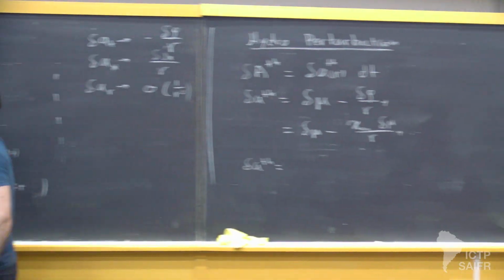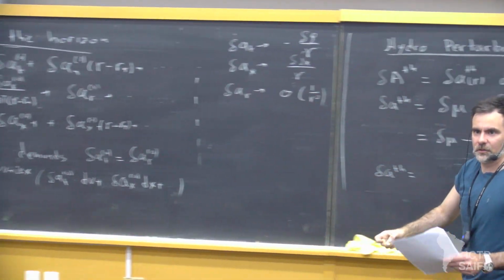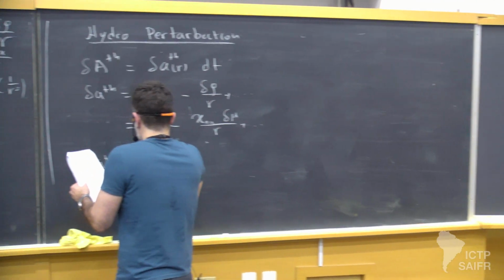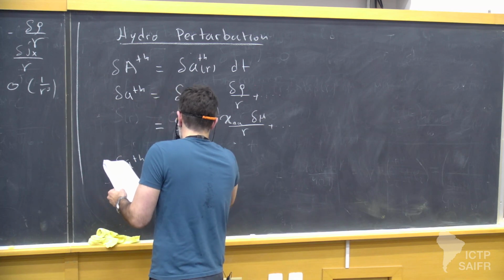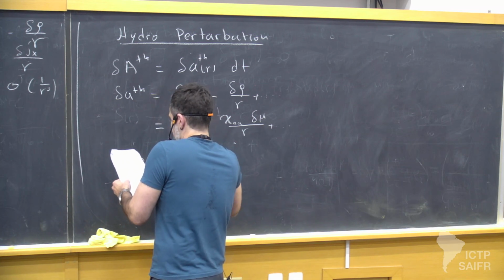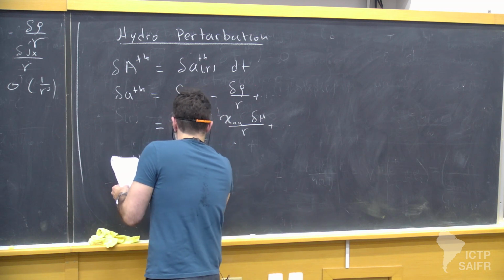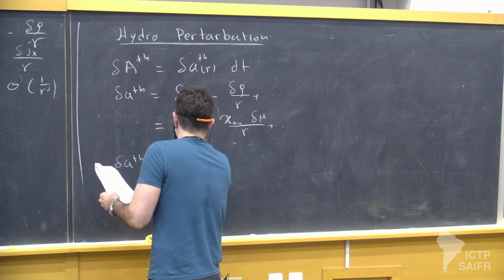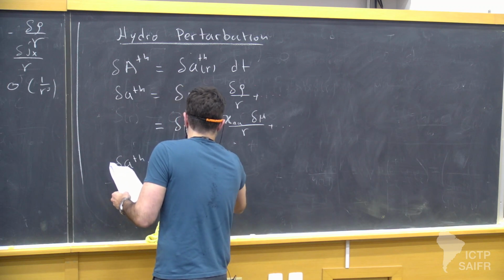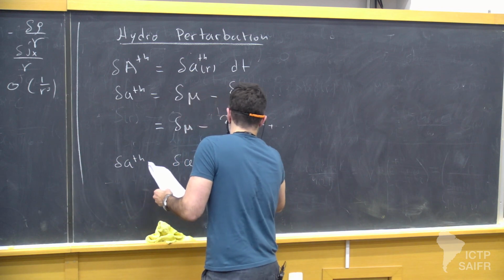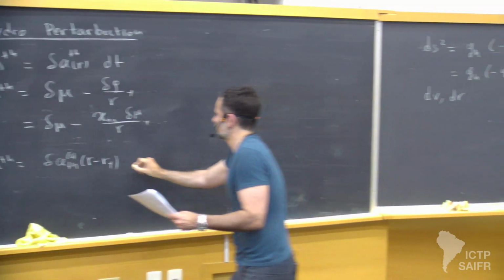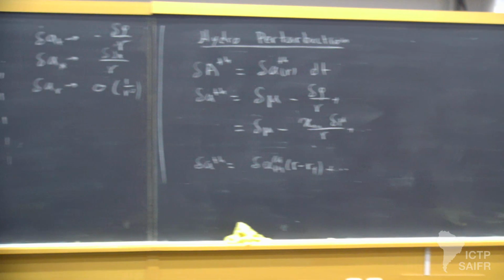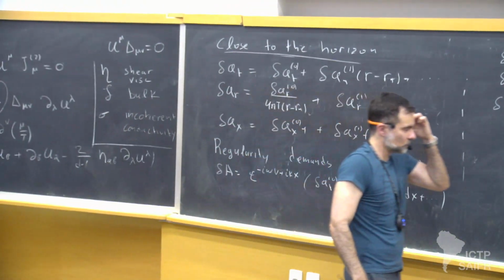So this real-time perturbation is slightly different. It's not the same thing. So from the horizon point of view, if you use charge conservation or Gauss's law, you can show that it will be some number, delta A naught thermal, times (r minus r plus), okay? Plus something.